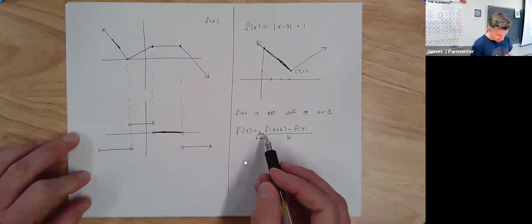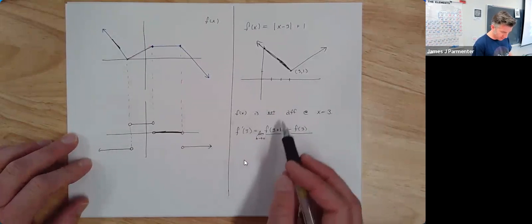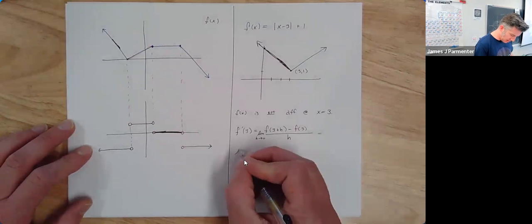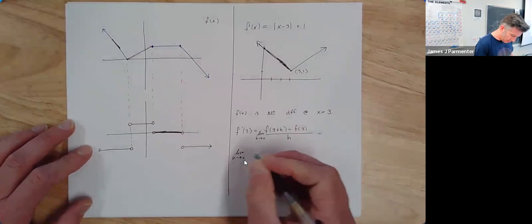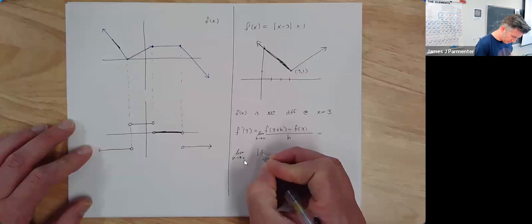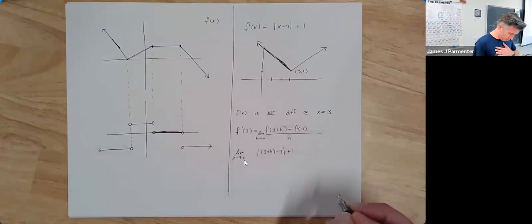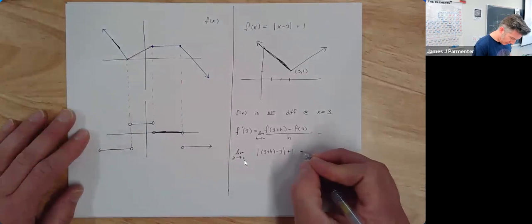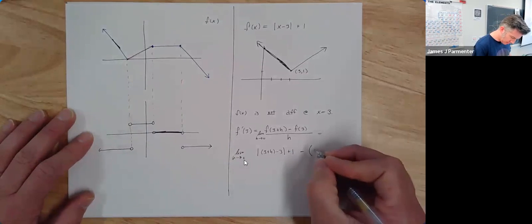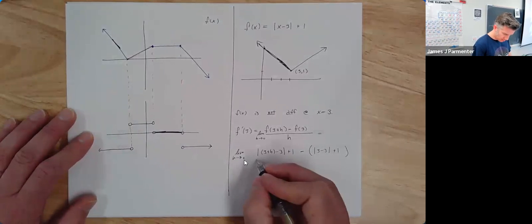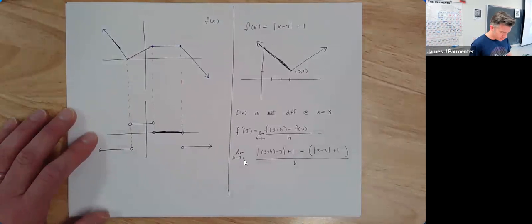So I'm just going to plug in these things to my function here. f of 3 plus h is going to be the absolute value of 3 plus h minus 3 plus 1, minus f of 3, which is the absolute value of 3 minus 3 plus 1, all over h.